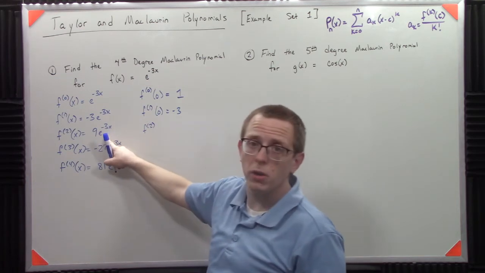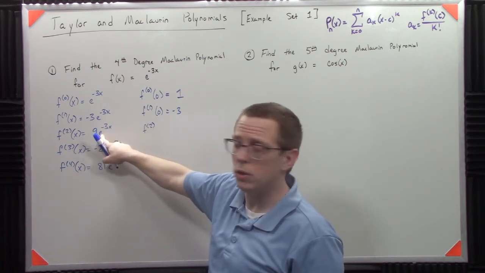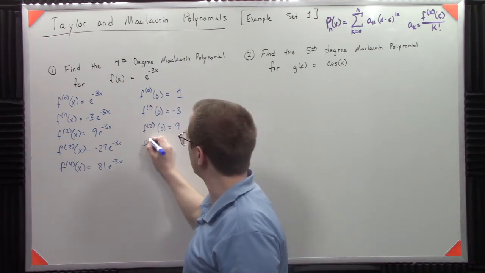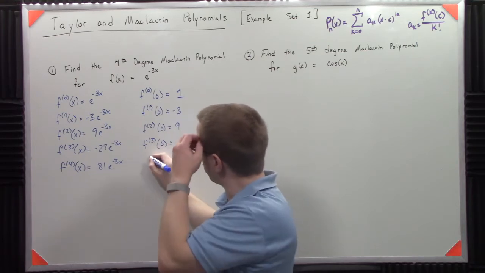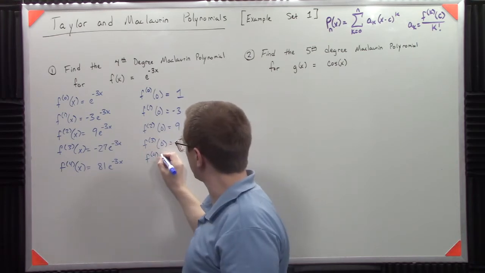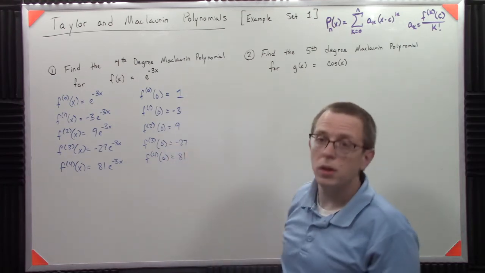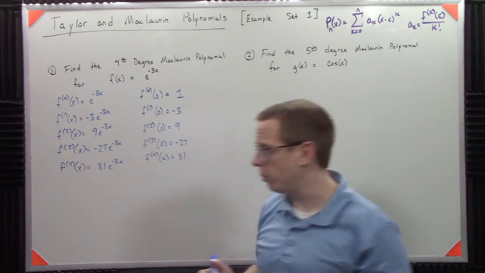Now I say disappear, they're not 0, because e to the 0 is 1, so you're still going to have the leading coefficient. So now I have my 5 coefficients, and I can set up my polynomial.